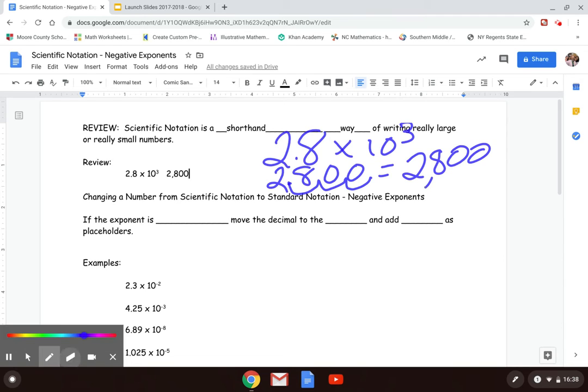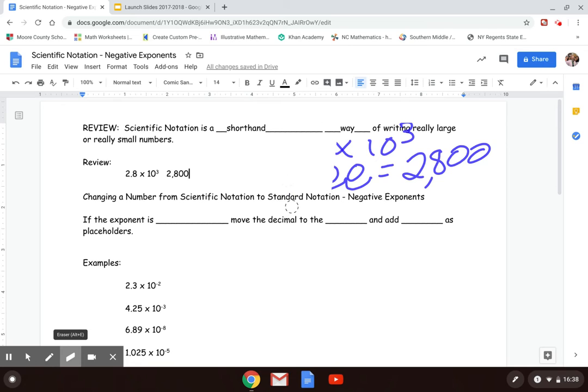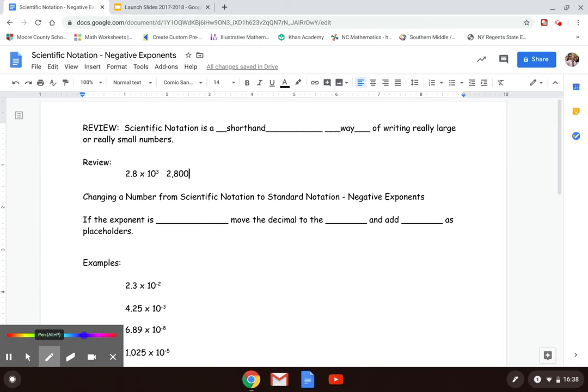That's what we learned last week, and everything we did with scientific notation involved positive exponents. A positive exponent makes a number larger. This week, we're going to be working with scientific notation again, but this time with negative exponents.